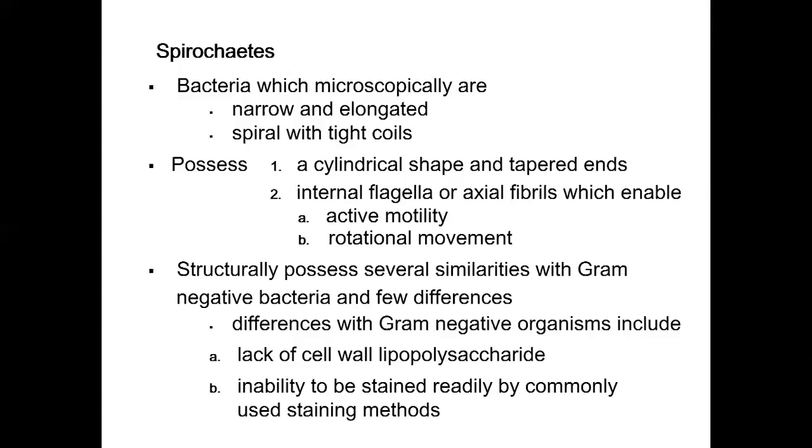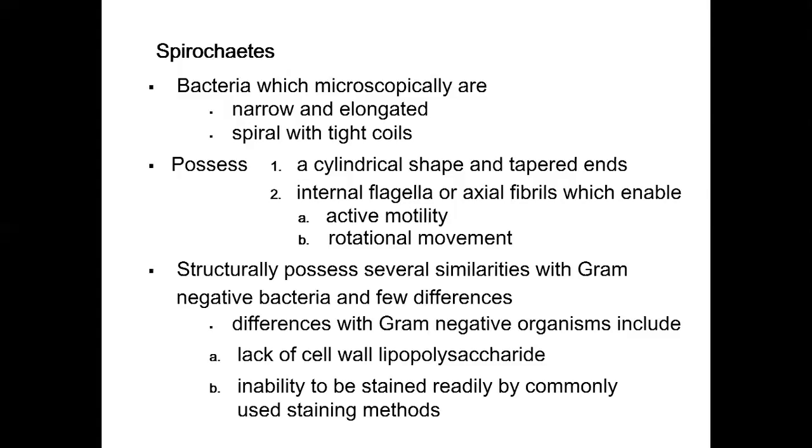So structurally, they possess several similarities with gram-negative bacteria, and they also have a few differences. They are not typical gram-negative bacteria, but they are closer to the gram-negative organisms than gram-positive.